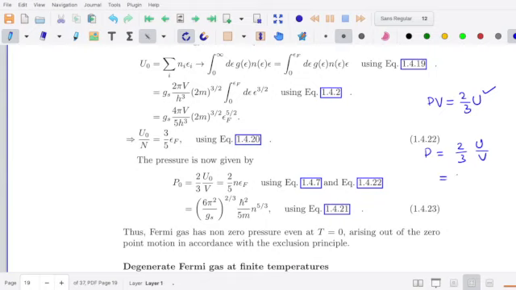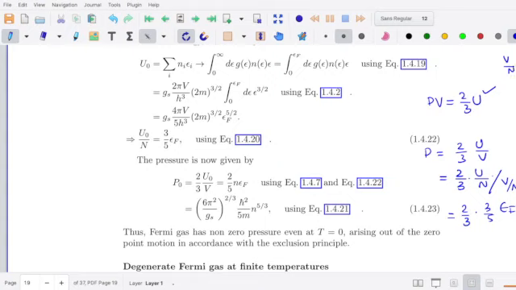Now this can be written in the following way: 2 by 3 U by N into N by V, which is the same as U by N divided by V by N. Now U by N has already been computed, which is 3 by 5 epsilon F. So this is equal to 2 by 3 times 3 by 5 epsilon F, and this quantity V by N is 1 by number density.